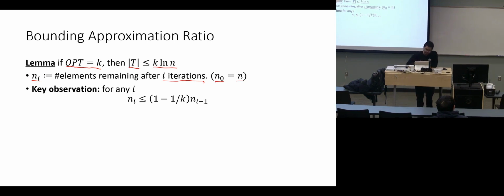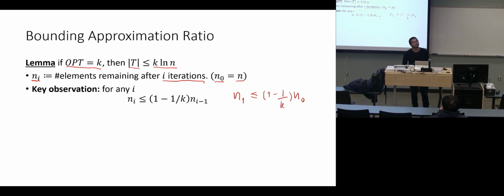So the first thing that you should answer is, why is it the case that N1 should be less than this one? Anyone want to tell me why this is the case? At least in the first iteration? Yeah. If you can cover it using k sets, say there are M initial elements.